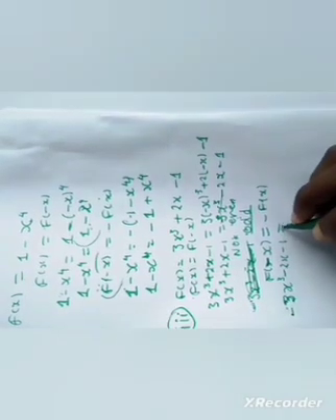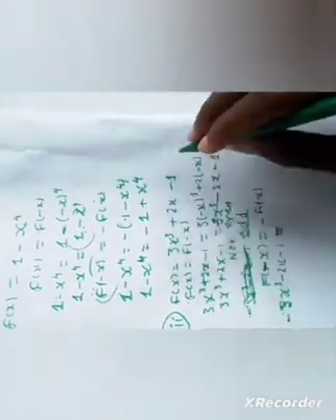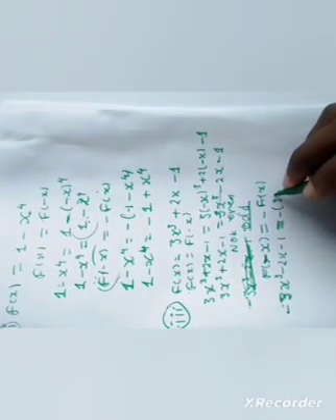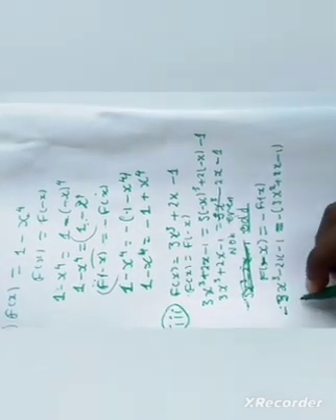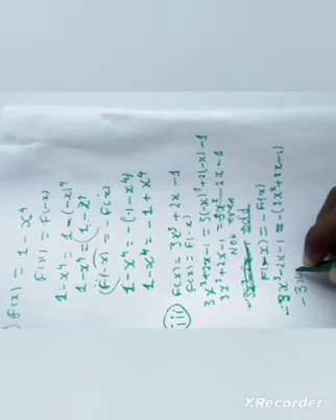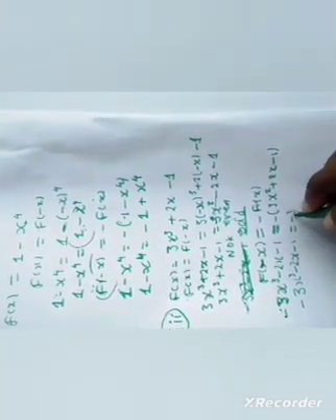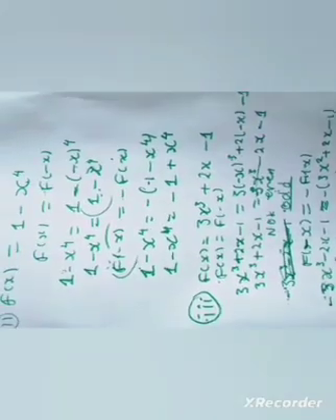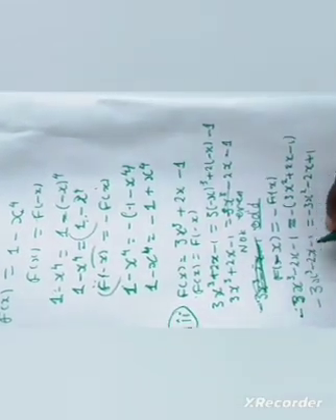So what do I get when I multiply a negative throughout the original function? I'm having negative 3x power 3 minus 2x plus 1. Right? So again, this is not odd. It is not odd.